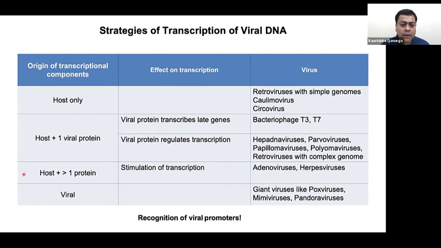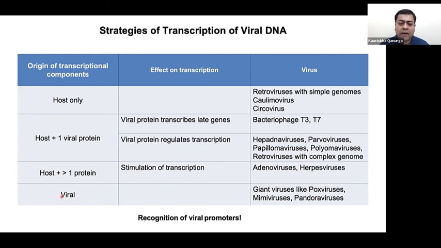Up to this point, whenever you have the host, all of the transcription is going to take place in the nucleus of the cell, because host transcription factors are active in the nucleus only. All of them are synthesized and transported into the nucleus. But this is the very unique thing.